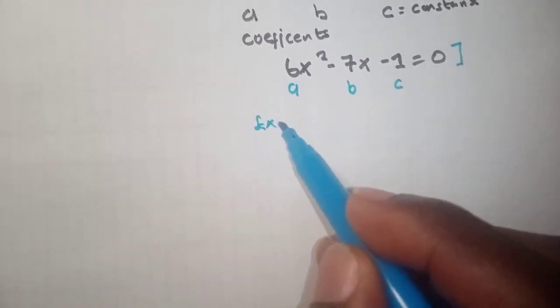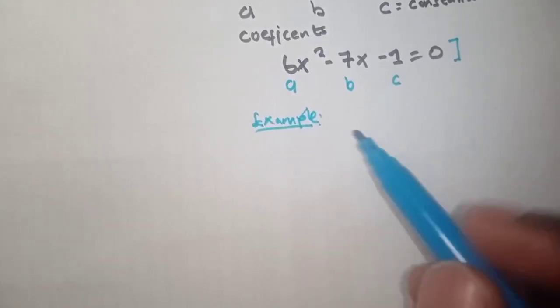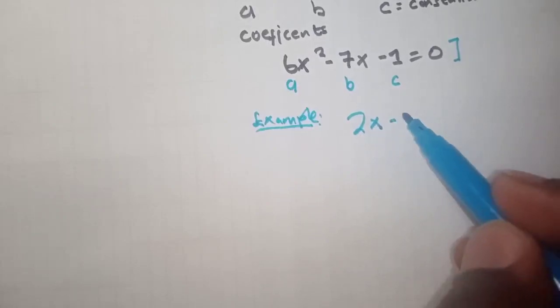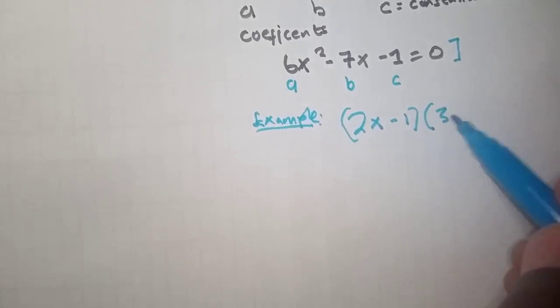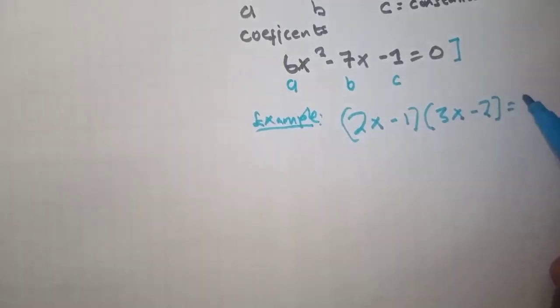Let's take an example. You have 2x minus 1, 3x minus 2, and this is equal to 3.